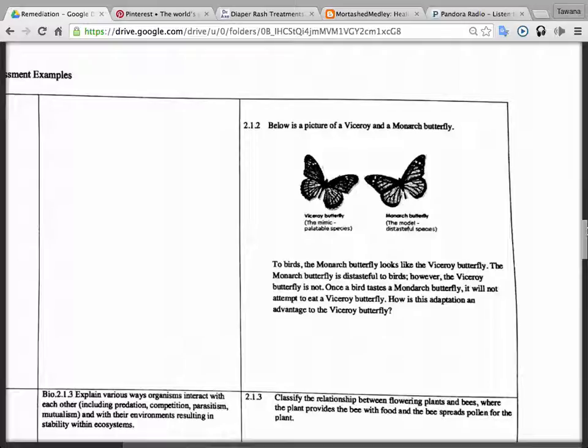No, it's not. It says the monarch butterfly is distasteful to birds. So is the bird going to eat either butterfly? No. It's not going to eat the monarch because it tastes disgusting. It's not going to eat the viceroy because it thinks the viceroy is the monarch.